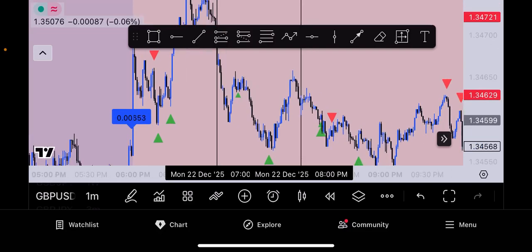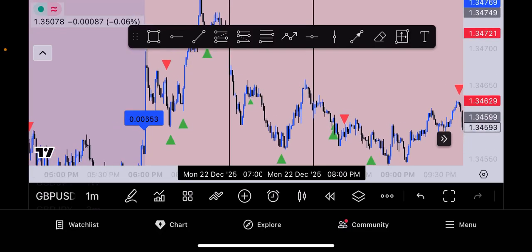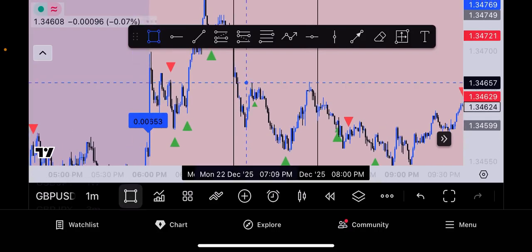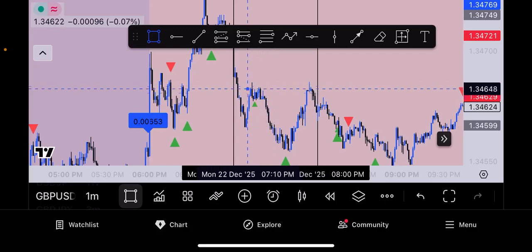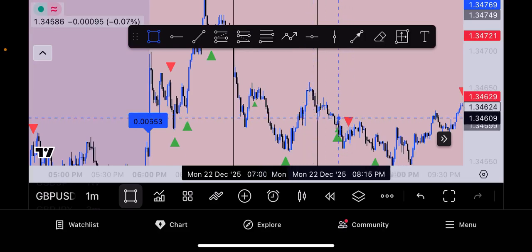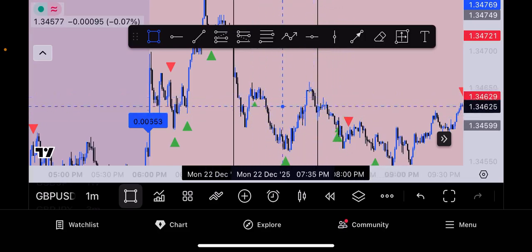This is the structure right here before 8 o'clock. When you have marked out your 7 o'clock to 8 o'clock, the next thing you do is mark out your order block.